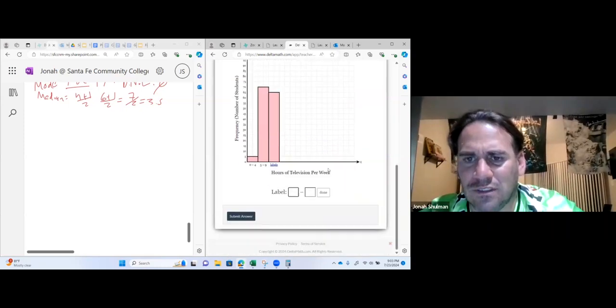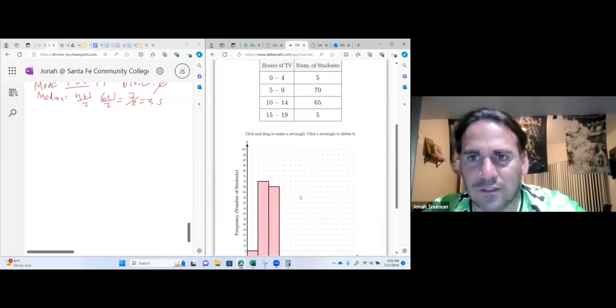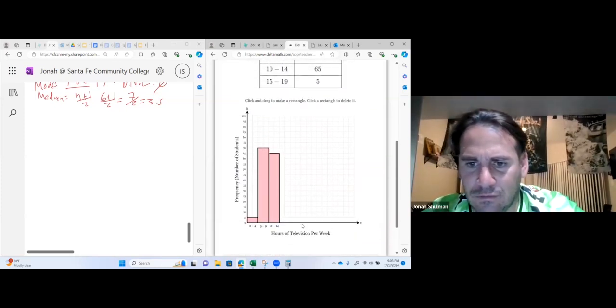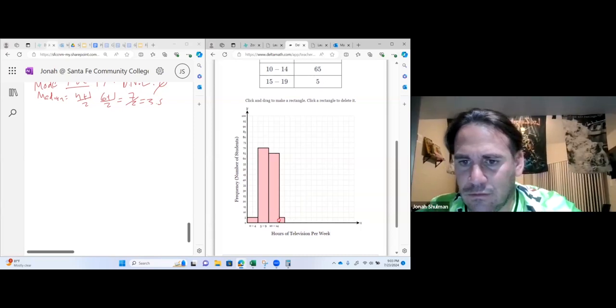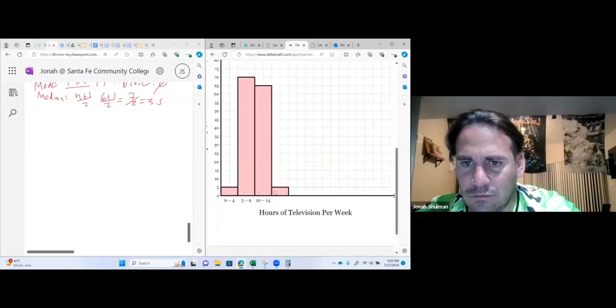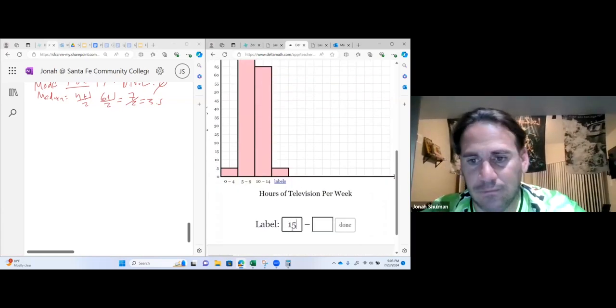So here's 65, which is 10 to 14. And here's the final one, which is just 5. If I zoom in, nice. 15 to 19. Well, I'm definitely not doing that again.